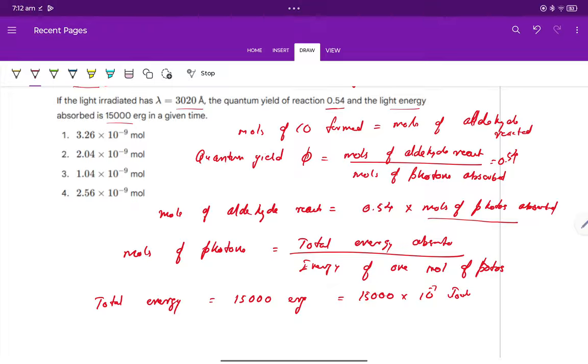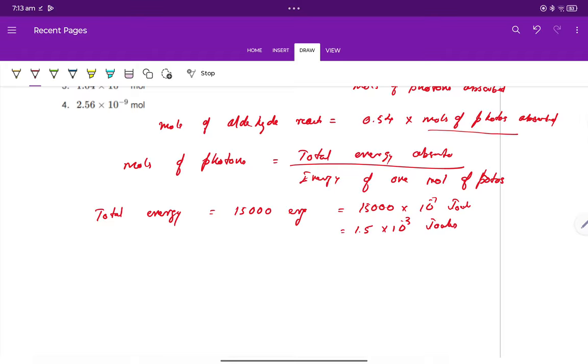I prefer to do all the calculations in single digit, so this will be equal to 1.5 into 10 to the power of 4 into 10 to the power of minus 7, so this will become 1.5 into 10 to the power of minus 3 joules. We have got that one.